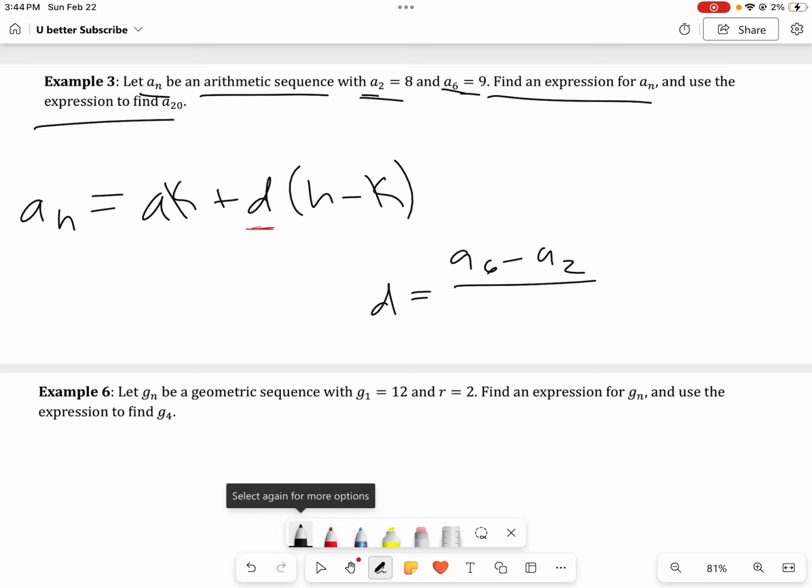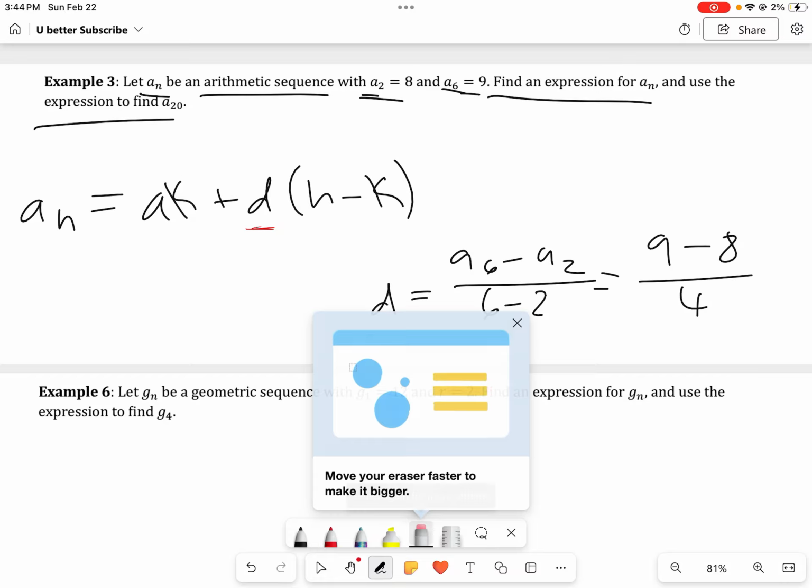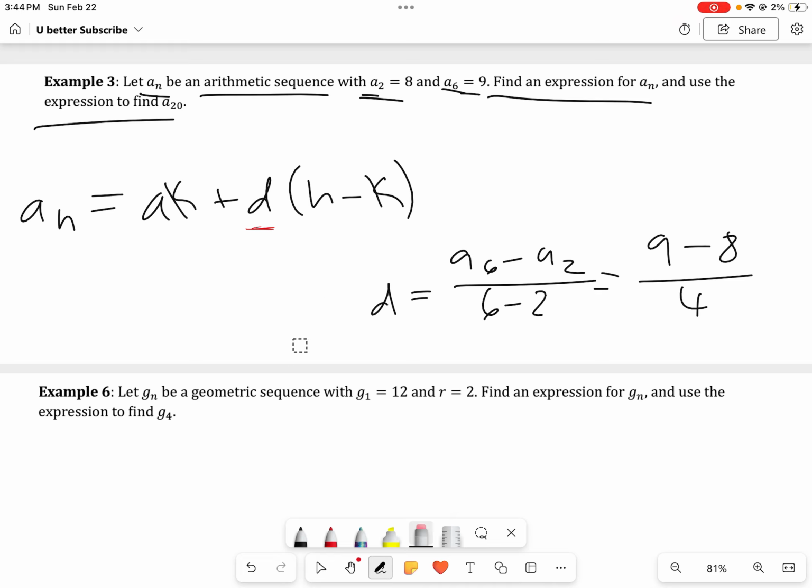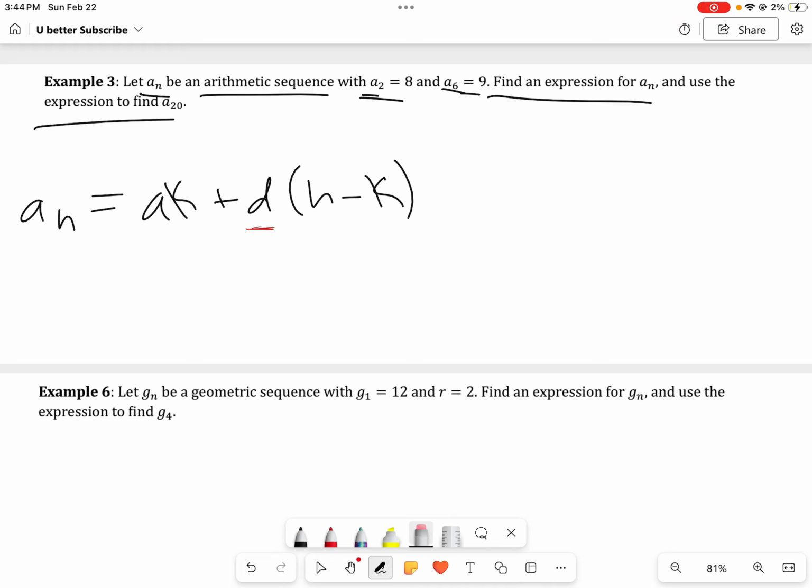Those are your y values, right? a6 is the sixth term minus the second. So that's 9 minus a2, which is 8, and then you put those over 6 minus 2, which is 4. When you compute that, the common difference d is 1/4. Okay, so d is 1/4.